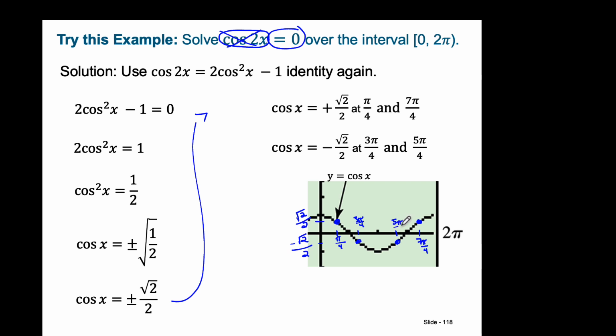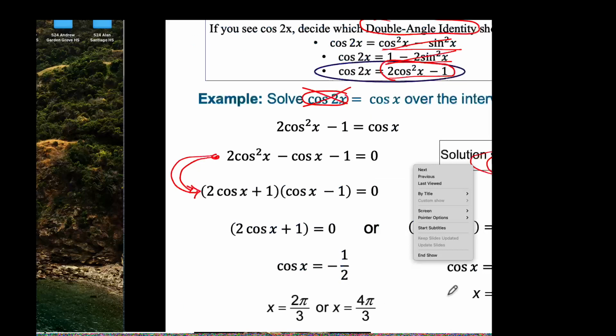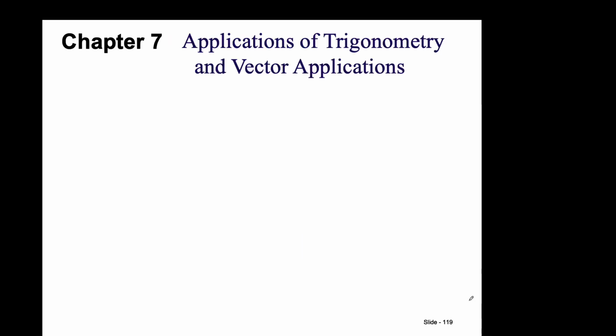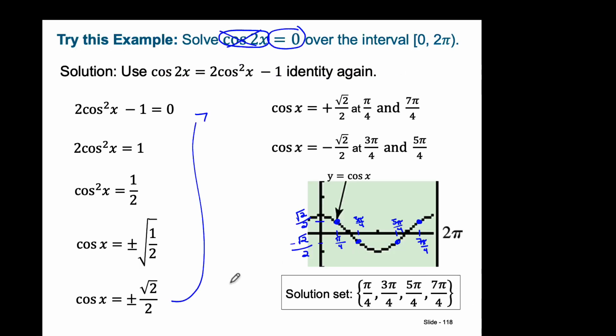So just in this interval from 0 to 2 pi radians, cosine of x takes on the value positive or negative radical 2 over 2 4 different times. Writing that as a solution set, we have pi over 4, 3 pi over 4, 5 pi over 4, and 7 pi over 4. All right, that will finish our discussion on chapter 6.